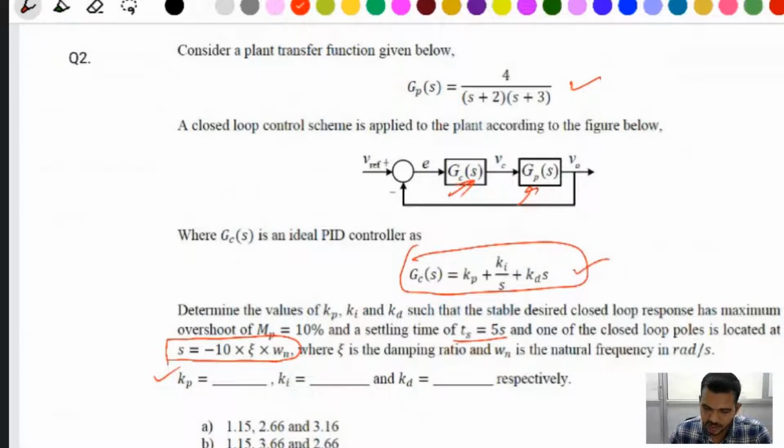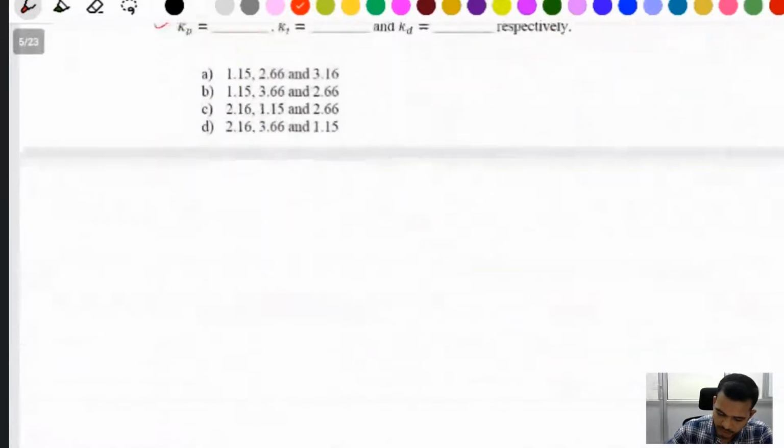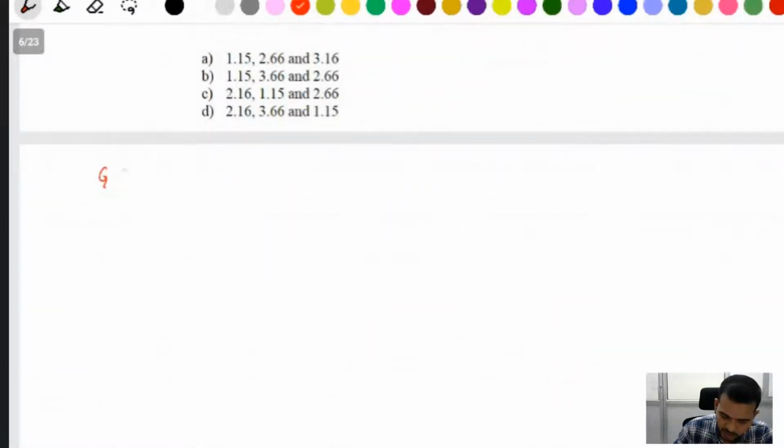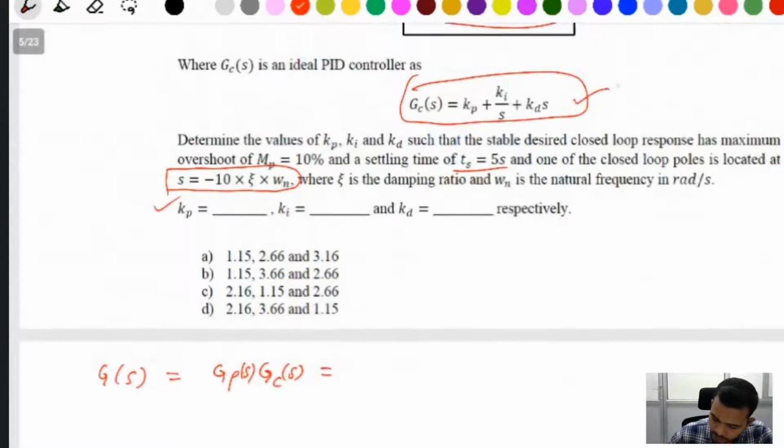Here a plant transfer function and a PID controller are given. Both are combined here to find the final open loop transfer function G(s). I have written it like that: GP is the plant transfer function and GC is the controller. Here you can also solve this GC.